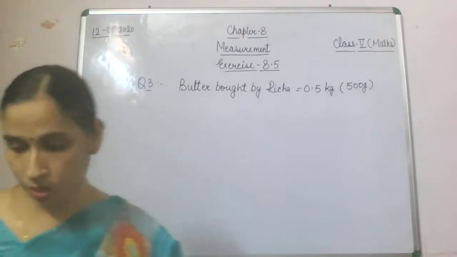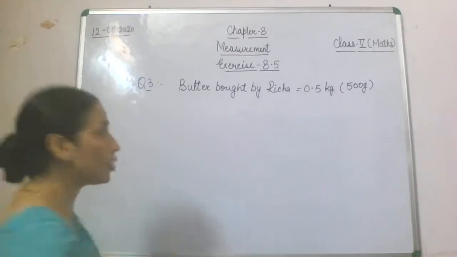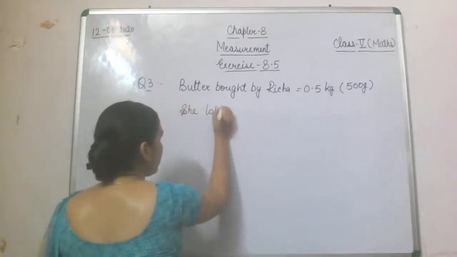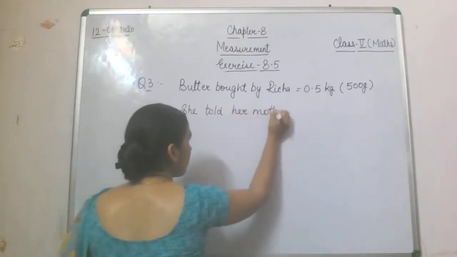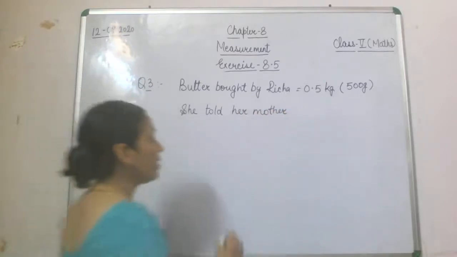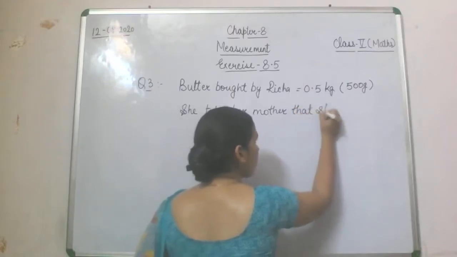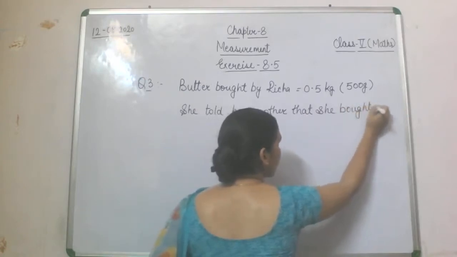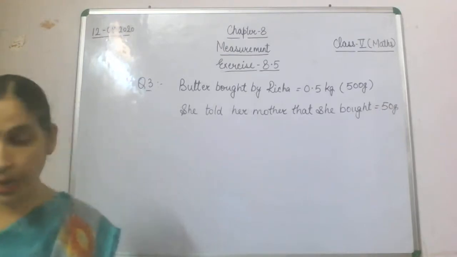But she told her mother, what did she tell her mother? She told her mother that she bought 50 gram of butter.